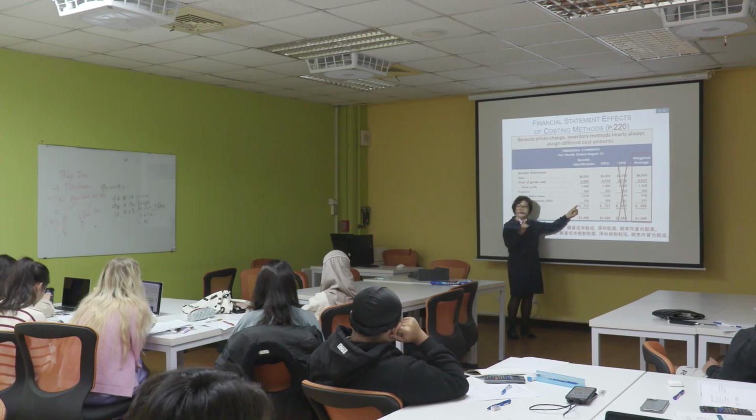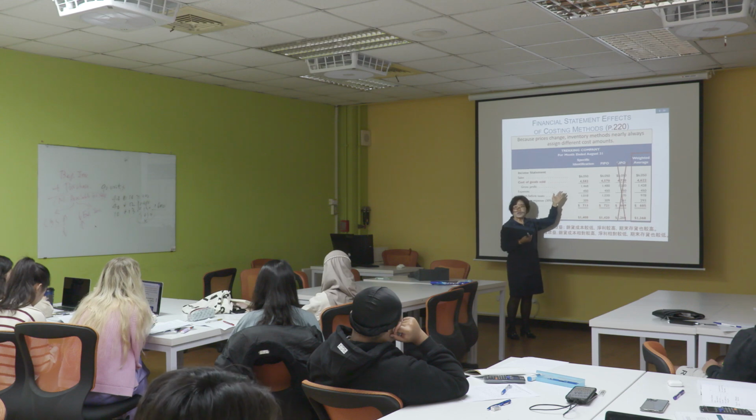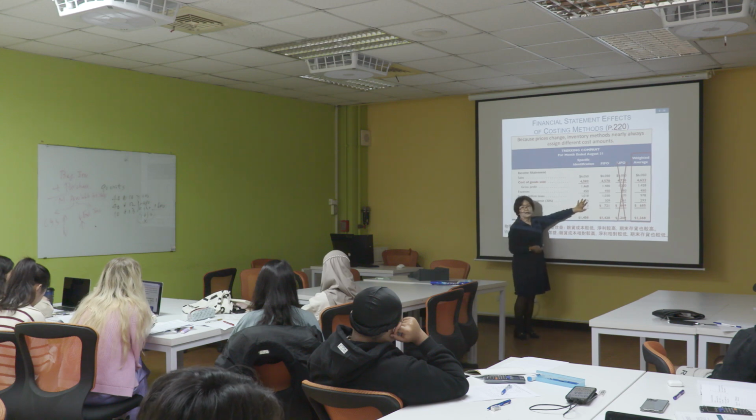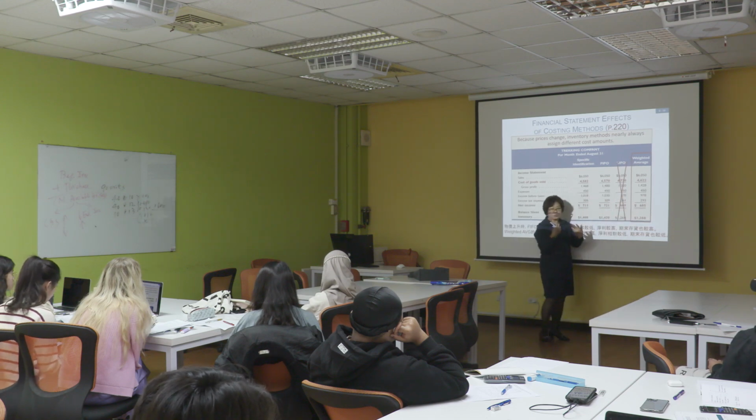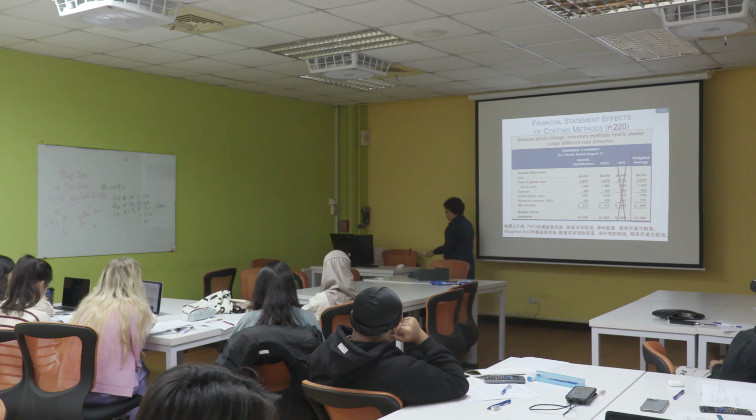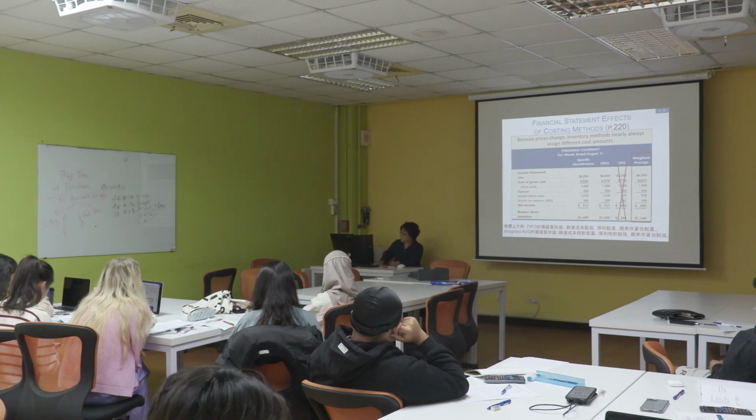Normally, those things are customized for some rich person, so it will definitely be specific identification. You can trace the cost right away. But other than that, most companies will not use this one. So you just need to focus on these two methods, which one is better for your company.